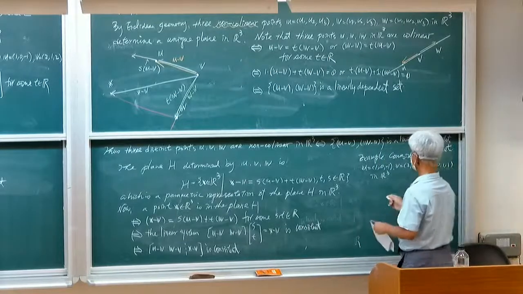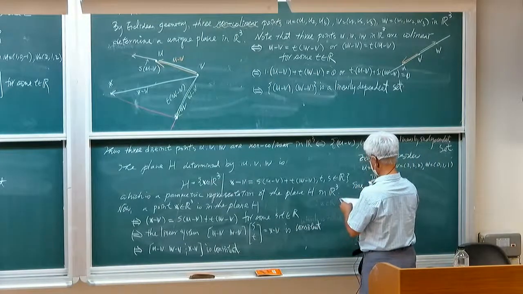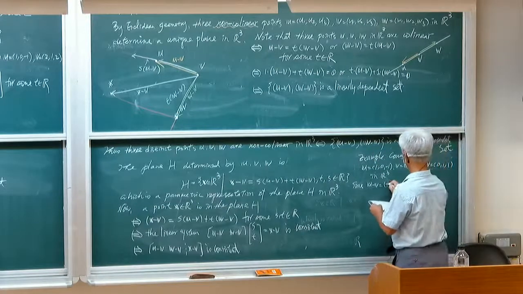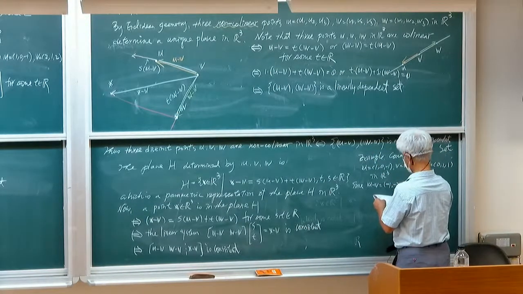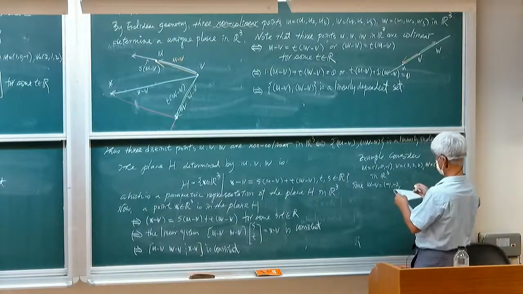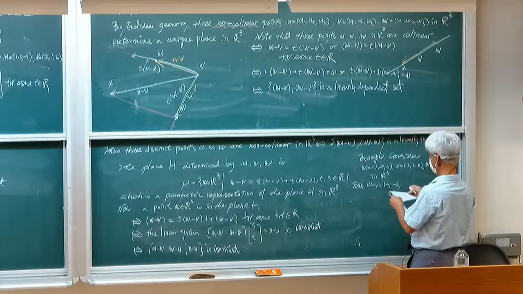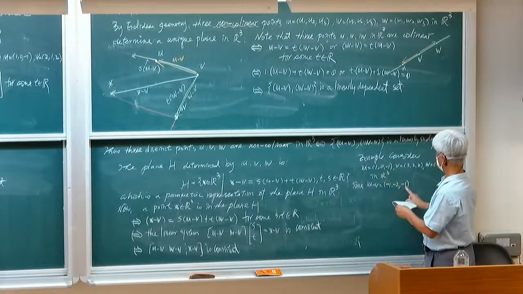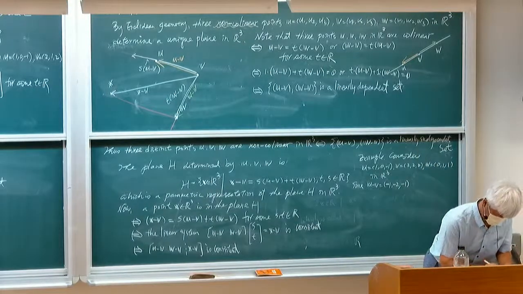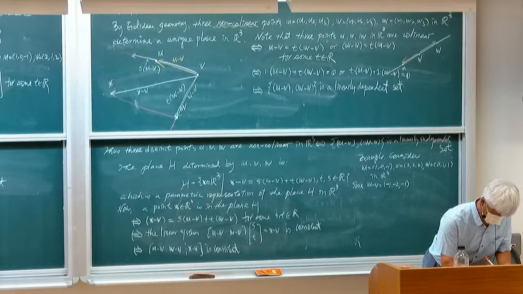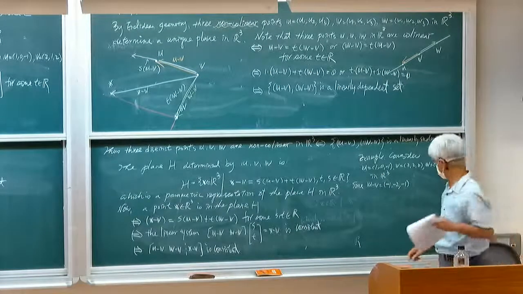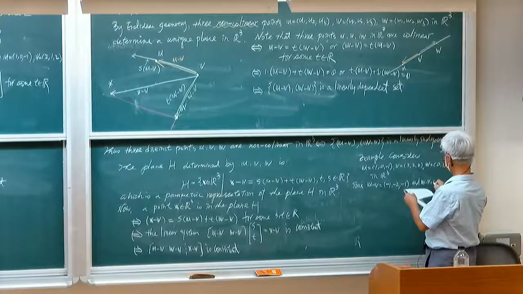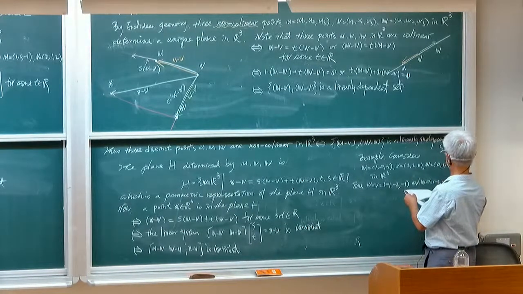Now, u minus v is minus 1, minus 2, and minus 1. And w minus v is minus 2, minus 1, and 1.